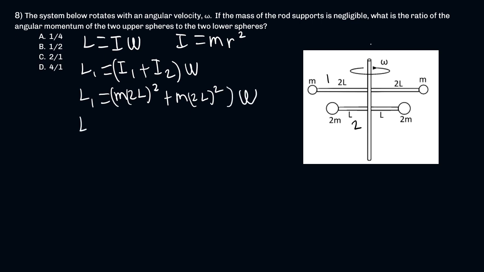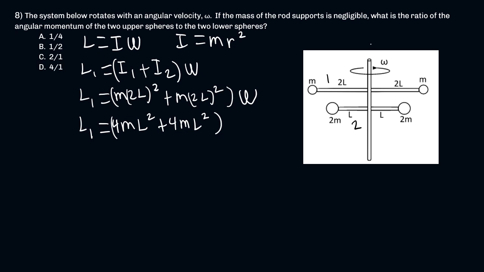All right, so continuing with the algebra here. m times 2L squared. So we have 4 m times L squared plus 4 m L squared.